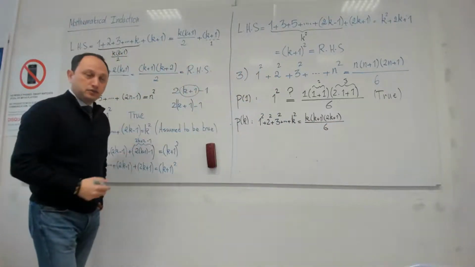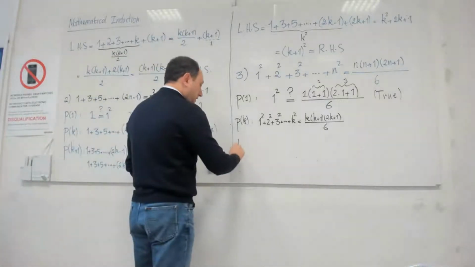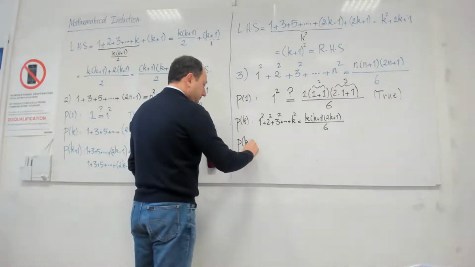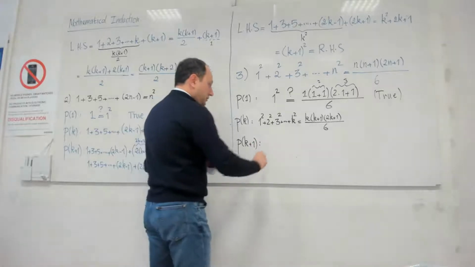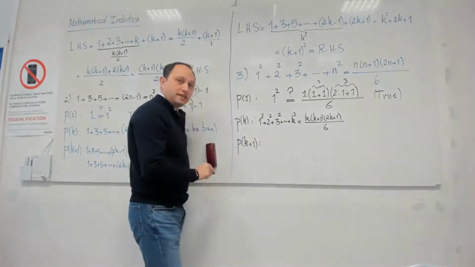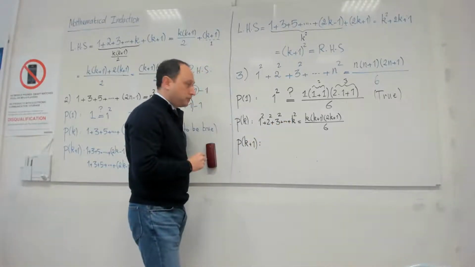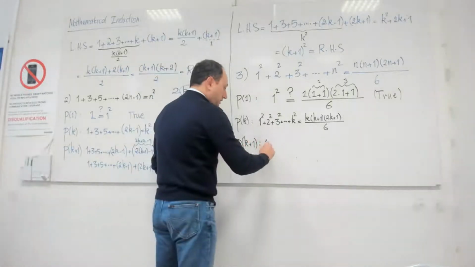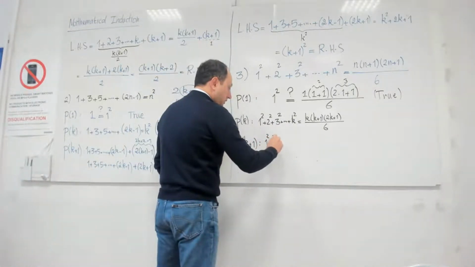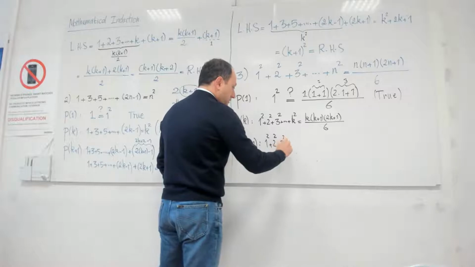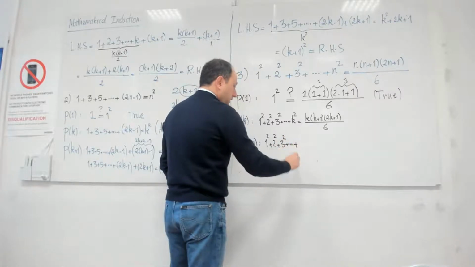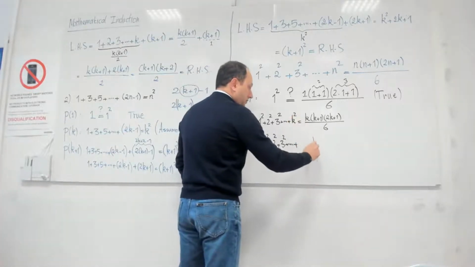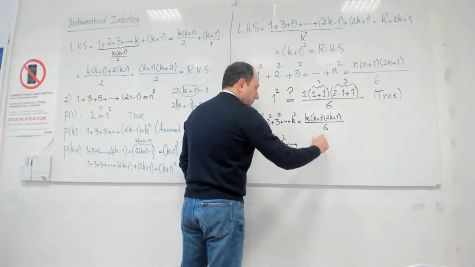And then I need to go to the next step, P(k+1). So it means that I have to replace k by k plus 1. The left-hand side means that I start from 1, and instead of k, I put k plus 1. This is the k plus first step.